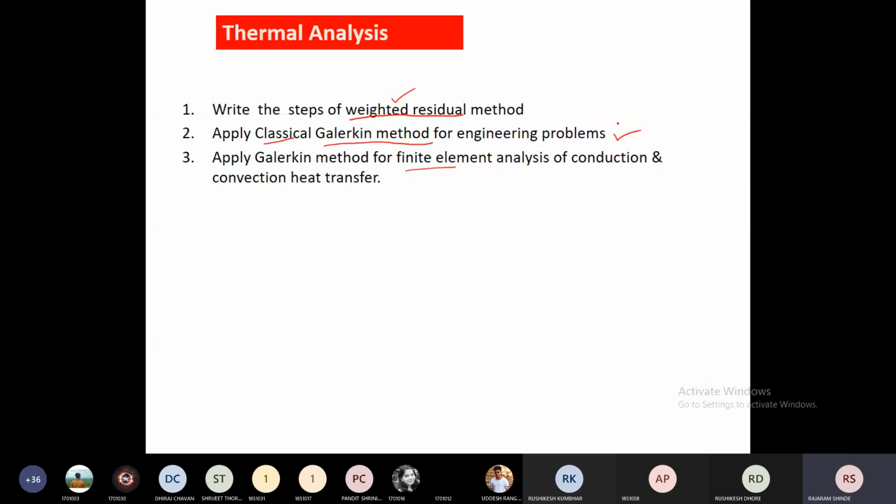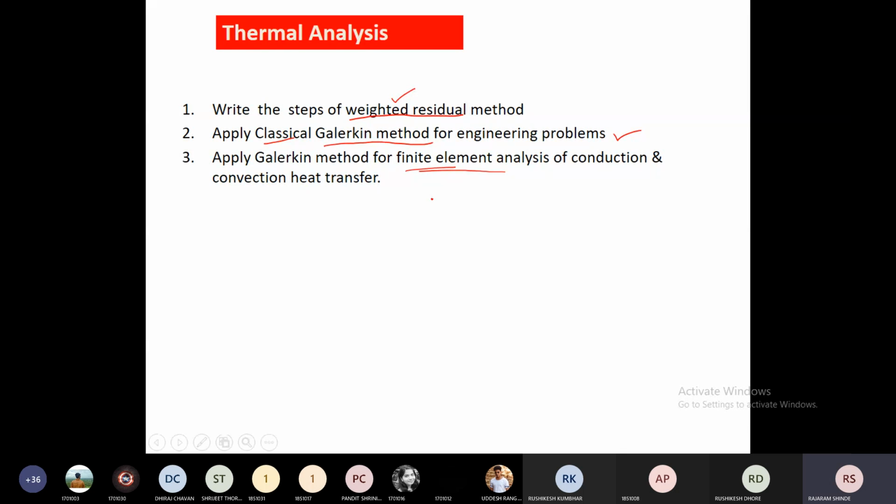Then I will go for the formulation of the finite element equation, that is, how the Galerkin method is used to formulate the system of linear equations, how we can convert differential equations to a system of linear equations.